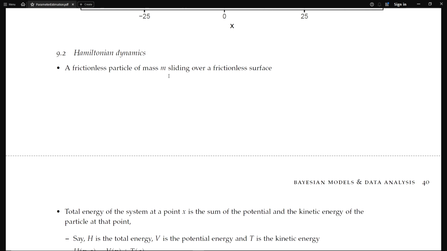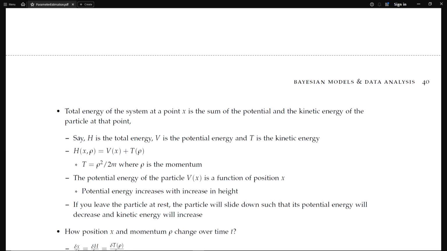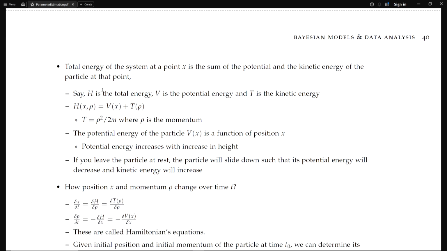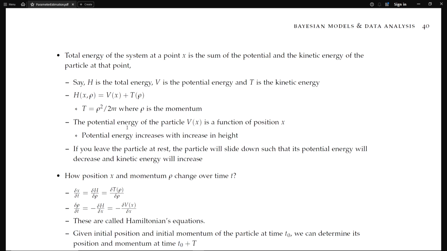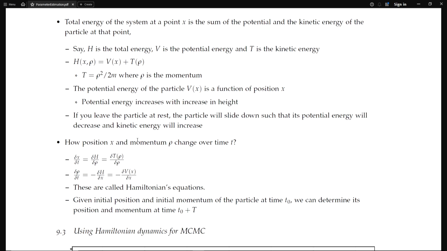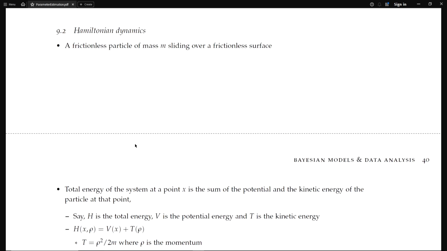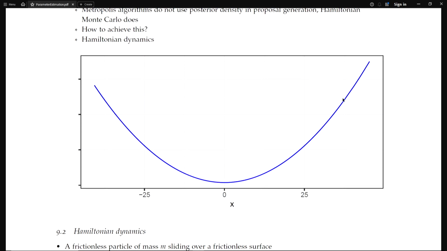We say that there is a frictionless particle of mass m sliding over a frictionless surface, and we define this dynamics using total energy, which is a summation of potential energy and kinetic energy. Potential energy is defined in terms of mgh, remember the formula. It is a function of how high the particle is on this surface at a particular position.